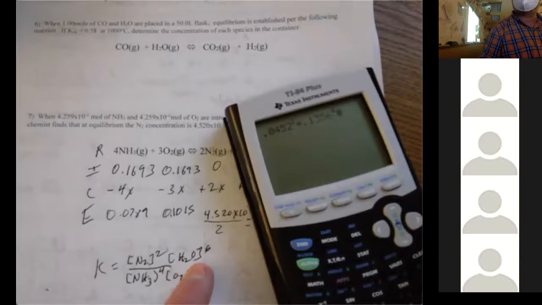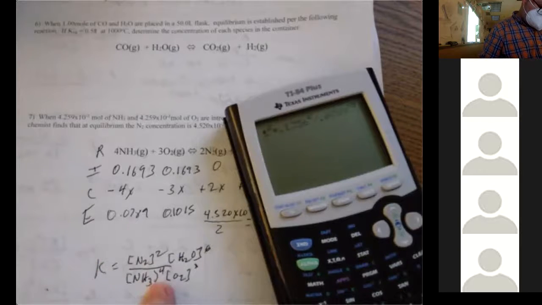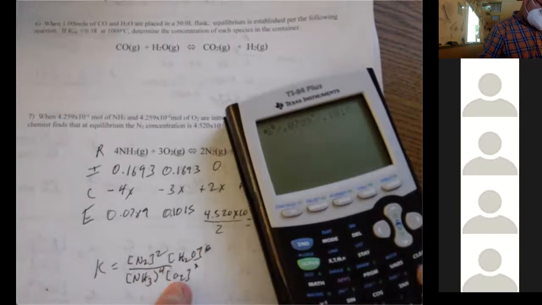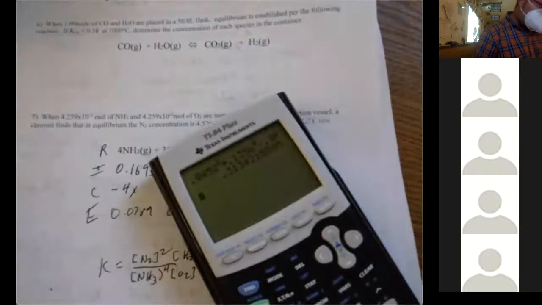What do I press? There we go. Divided by 0.0789 to the 4th. Divided by 0.1015 to the 3rd. There we get it, 0.3134.